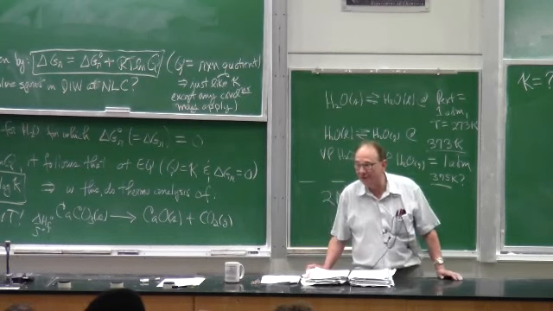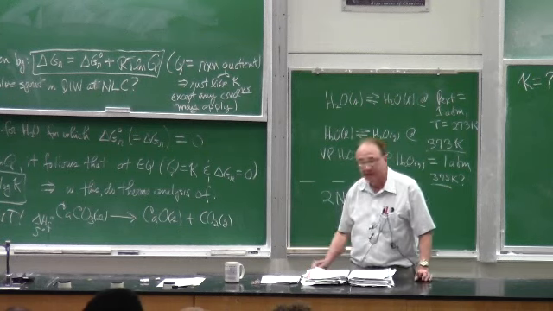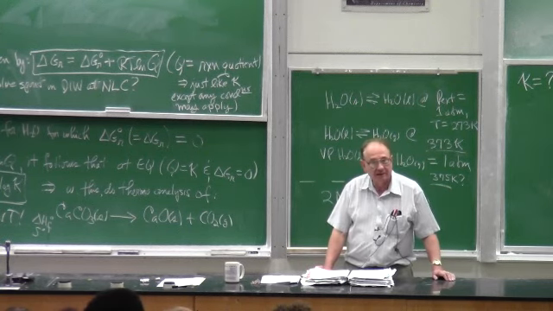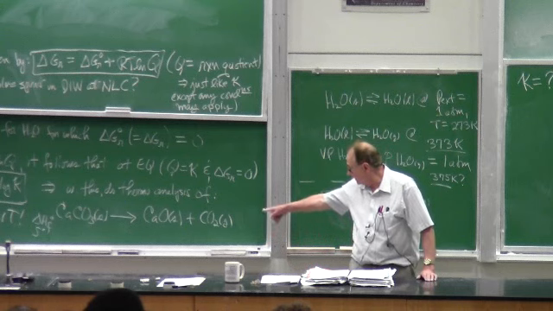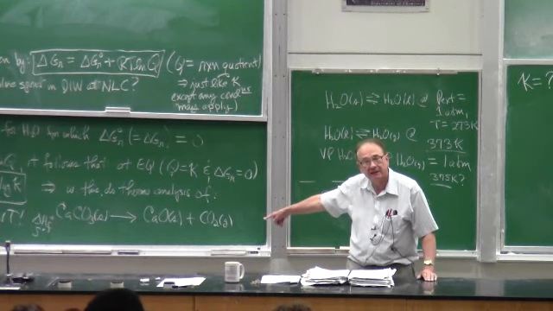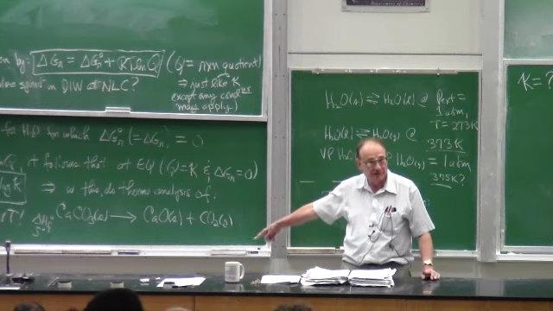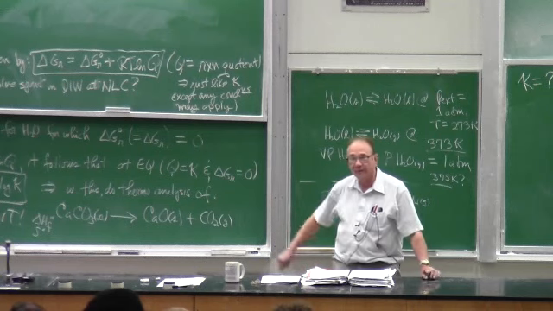Will you be surprised then to find out that even though CO2 has a smaller formula mass than the other components of this system, this has got the highest entropy? You wouldn't be surprised. Good. And you won't be surprised, and you'll be right.